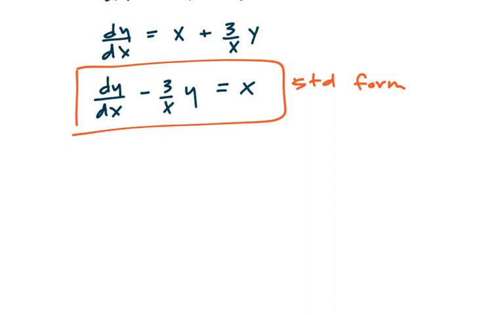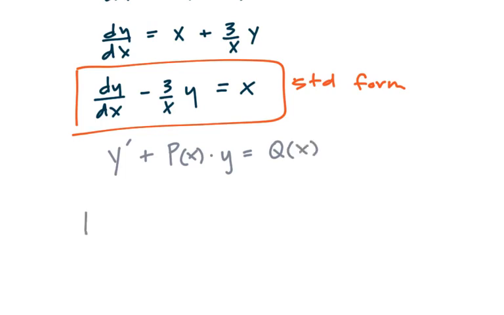In this case, if we think about determining what p and q are and consider our standard form, the standard form identified at the beginning of the notes was y prime plus p, some function of x, times y equals q of x.